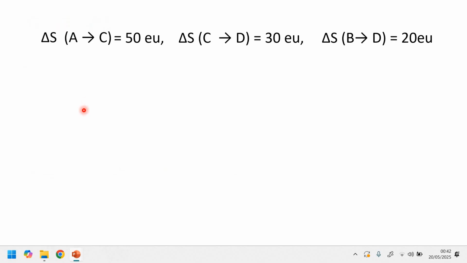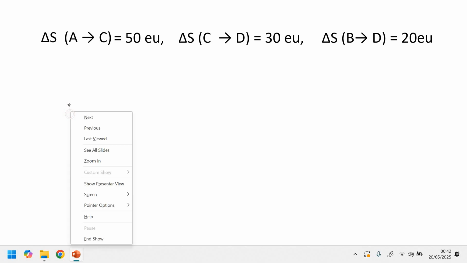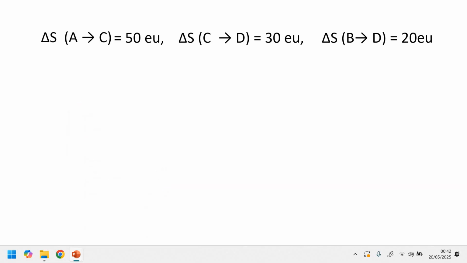So it was given that the entropy of A to C, C to D, and B to D, all these things are given.